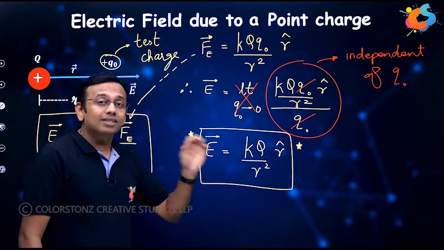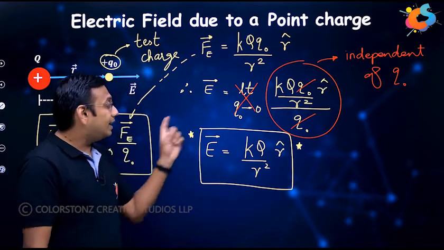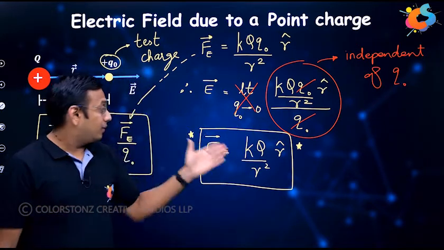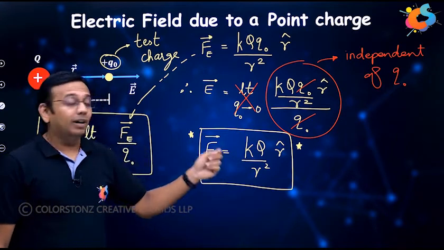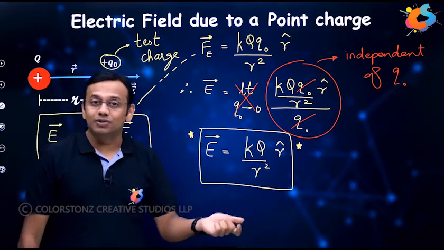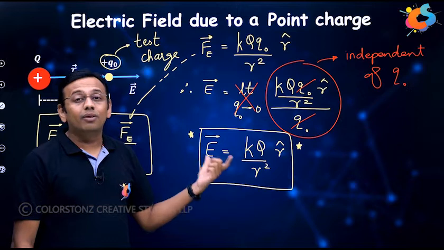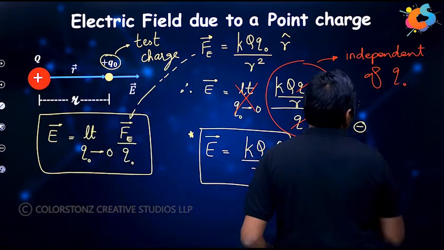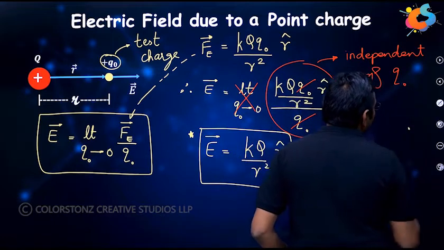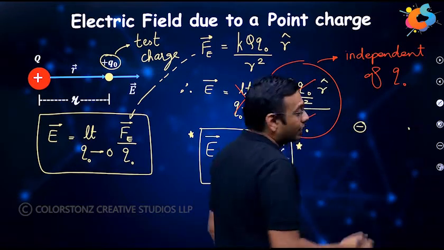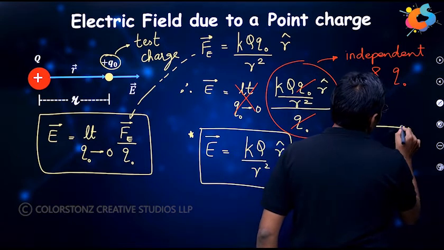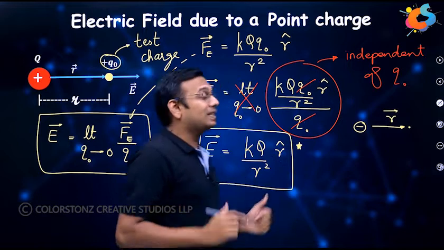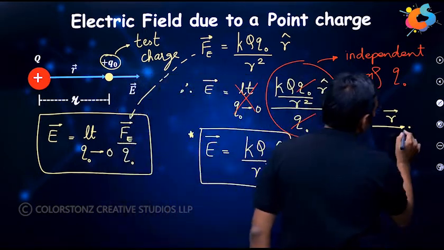So if the charge is a positive charge, then the electric field will be in the direction of the position vector itself. But if the charge is a negative charge, then the direction of electric field will be reversed. So if I have a negative charge here and I am looking at the electric field at this point at some position vector R, then the electric field will be in the opposite direction.